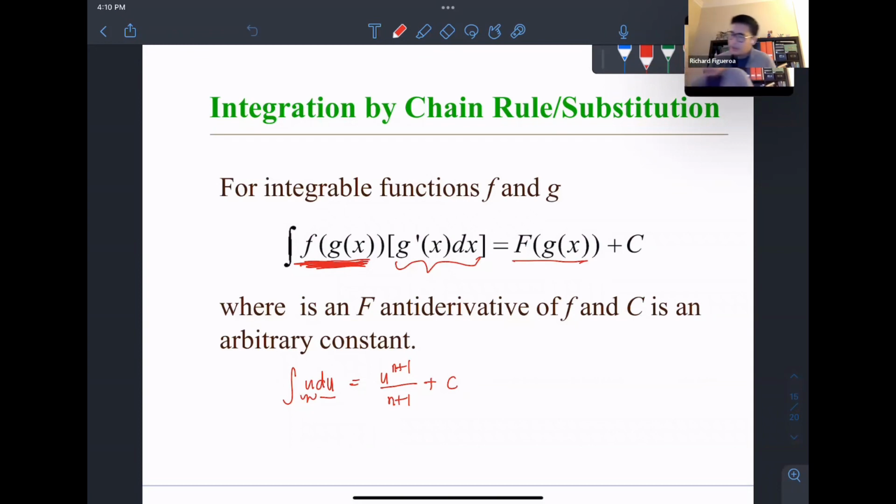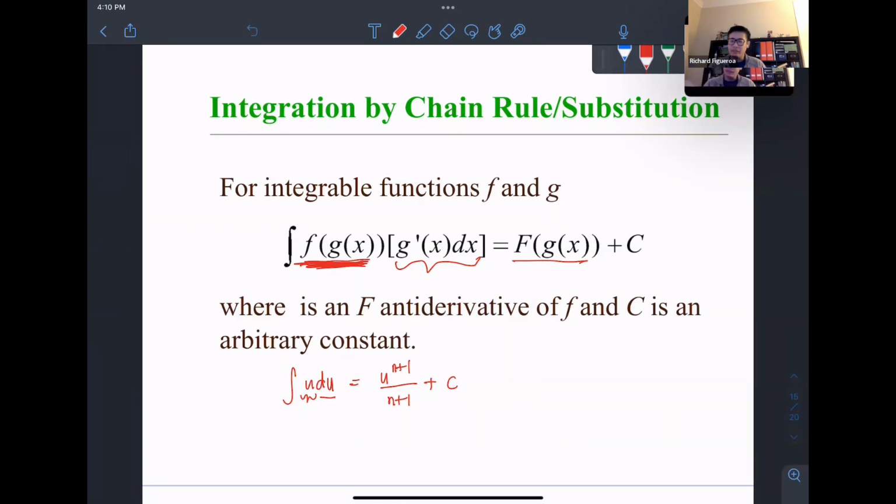Although we had one example for substitution by chain rule, remember that this one is still the formula for the power form. The only difference is that instead of just an x, it's a function.